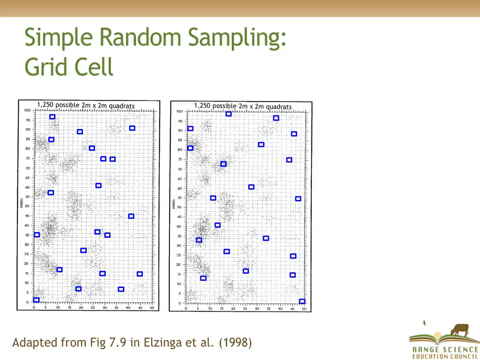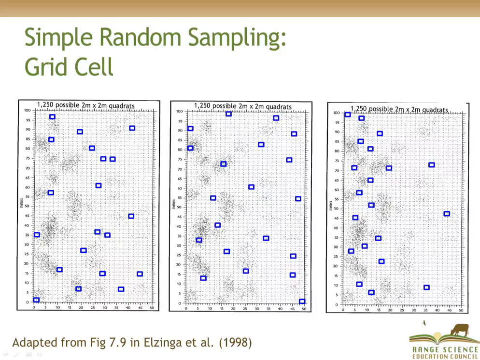So if we look at 3 different images that show different random samples located or imposed over the same area, we can see that we have good interspersion of sampling units in the image on the left and in the middle, but that we have kind of a skewed representation where there are far more sampling units on the left side of this area than over here on the right. And that is a potential problem that is inherent with simple random sampling.